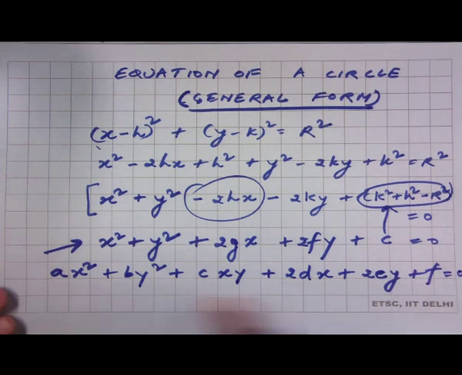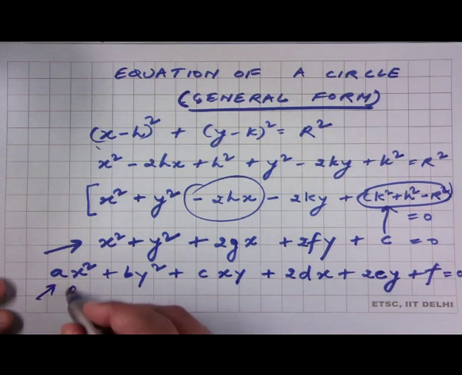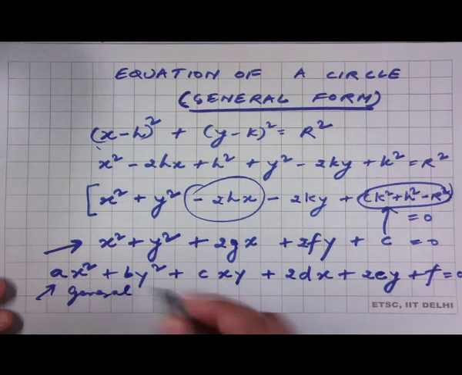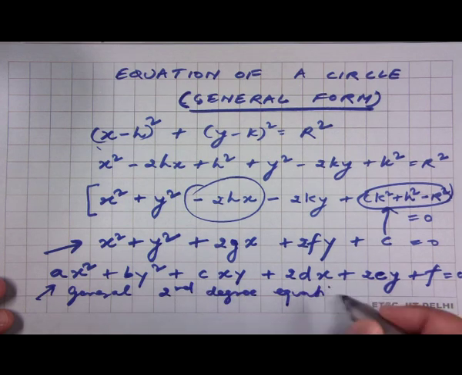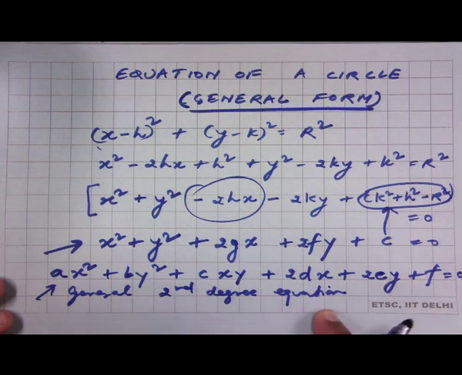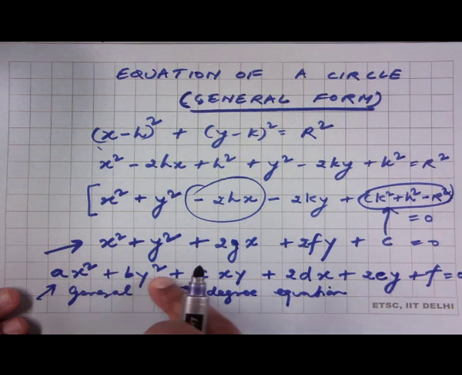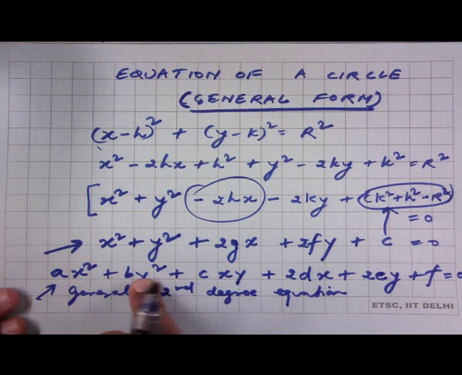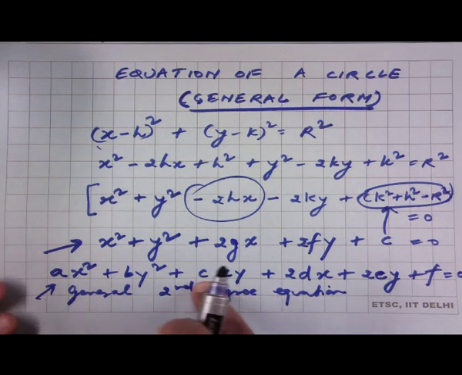So, this is the form of a general second degree equation, but here the coefficients of x square and y square need not be the same in general, and the coefficient of xy need not be 0.